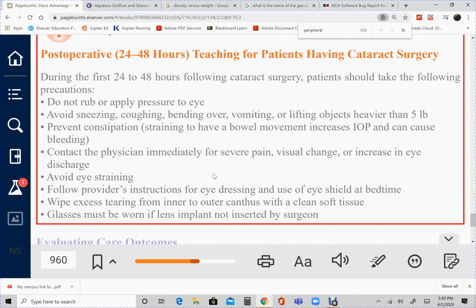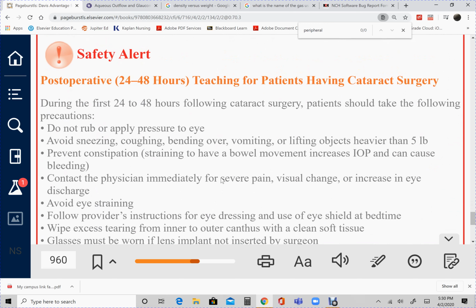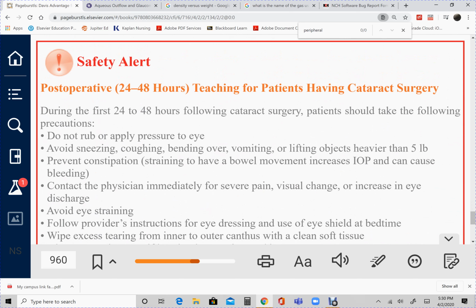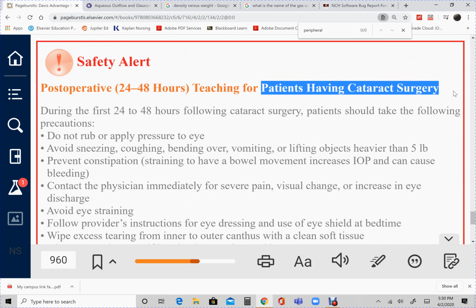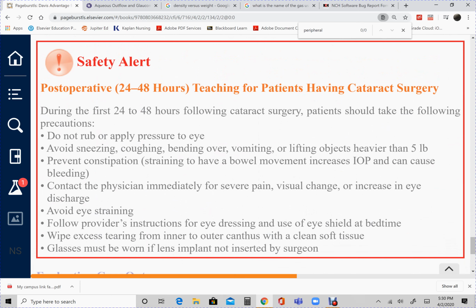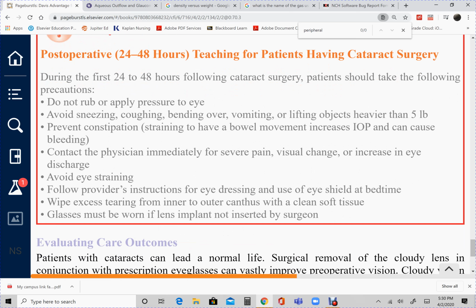This safety alert here applies to all patients having surgery. Although this is entitled having cataract surgery, it does not apply only to a patient with cataracts who underwent cataract surgery.